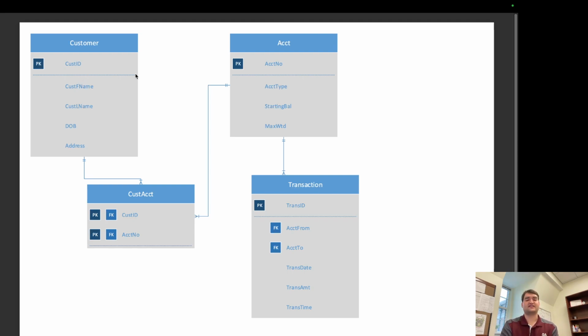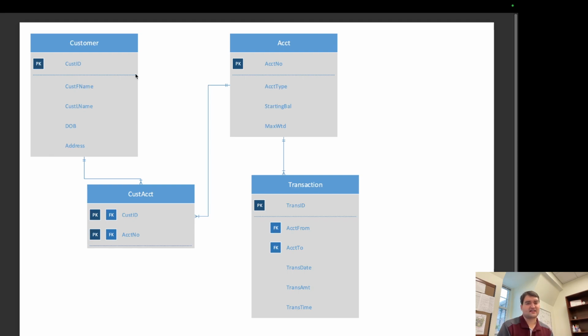So to uniquely identify a customer, we're going to assign the cust ID. And that becomes what's called the primary key, which means that every customer has their own unique cust ID. Now that's going to be very useful for us later on when we start to make these databases. But for now, I just want to stick to talking about the parts of the entity.